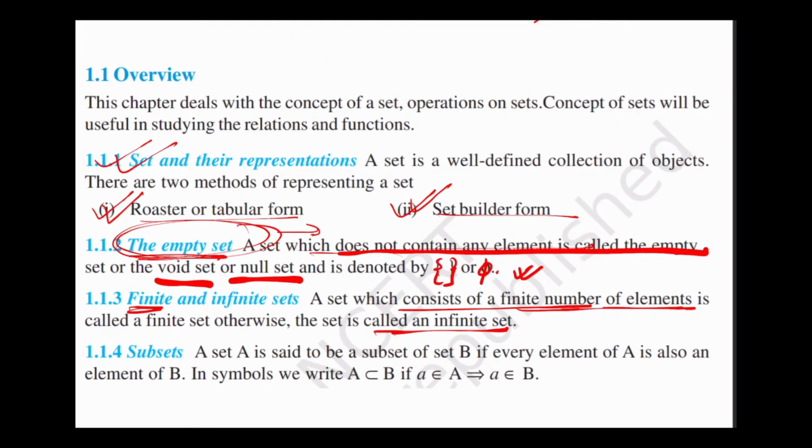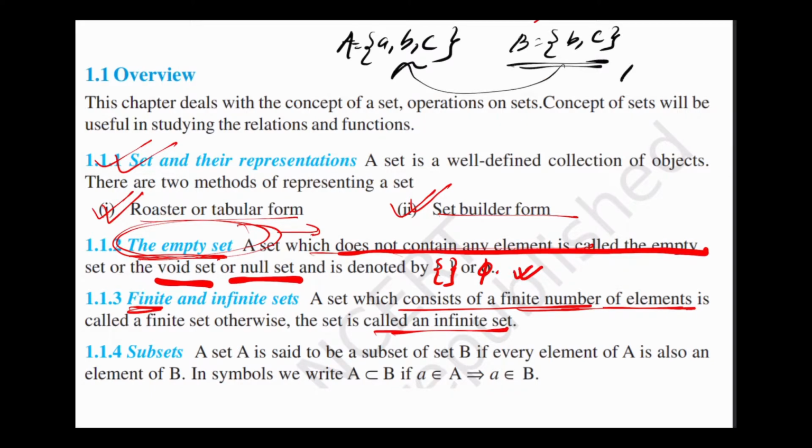If you see, A is equal to a, comma, b, comma, c, and B we have taken as b and c. So all the elements of set B are present in set A, yes or no? So you can see that B is a subset of A.